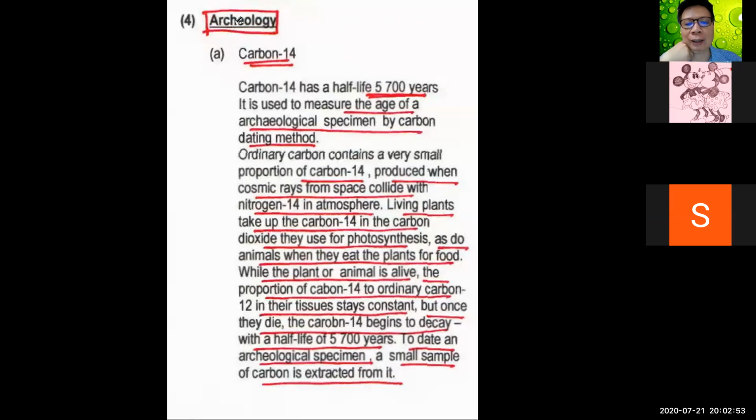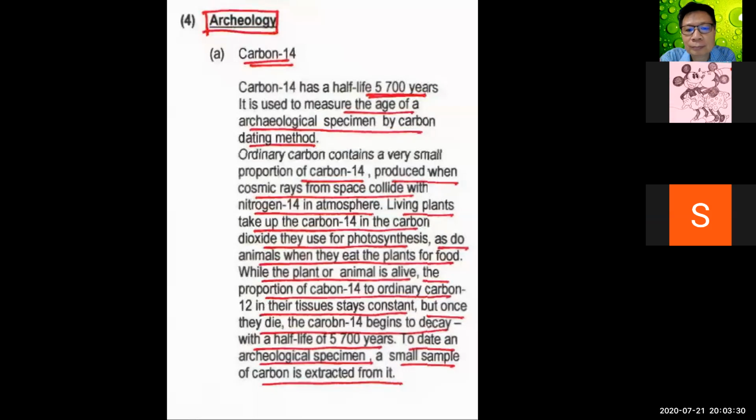Hua Suming, you answer my question. How do isotopes of carbon, like carbon-14, enter our human body? How does carbon-14 come into the animal's body and human body?